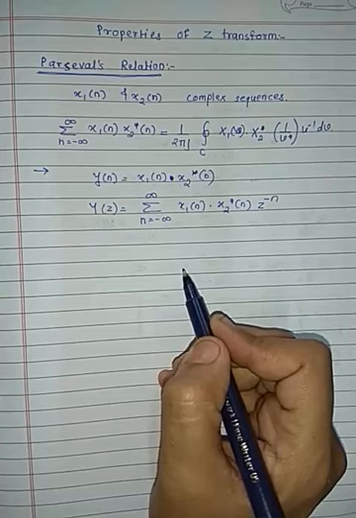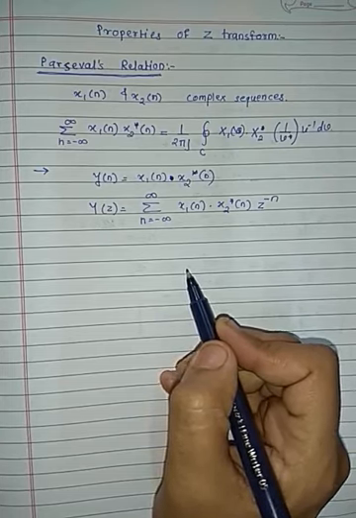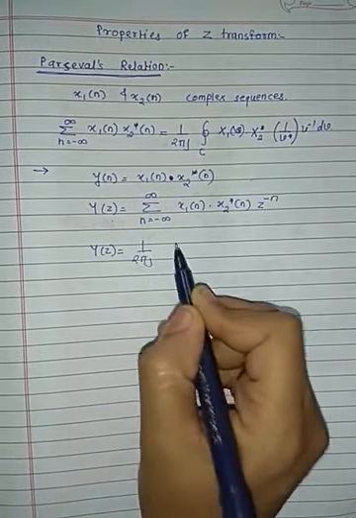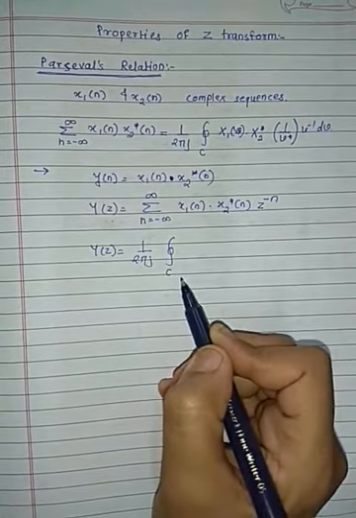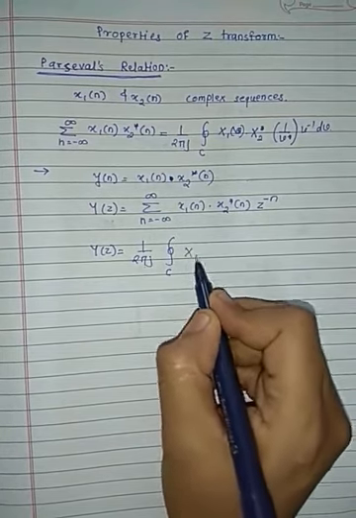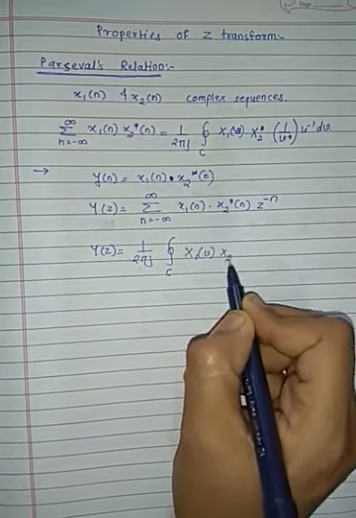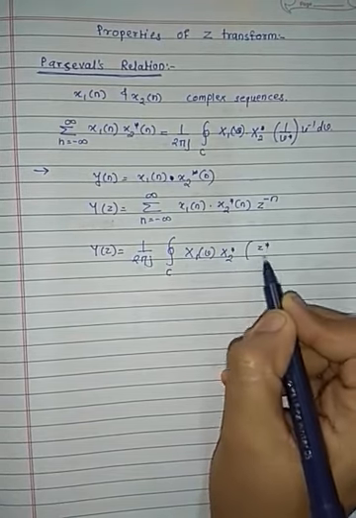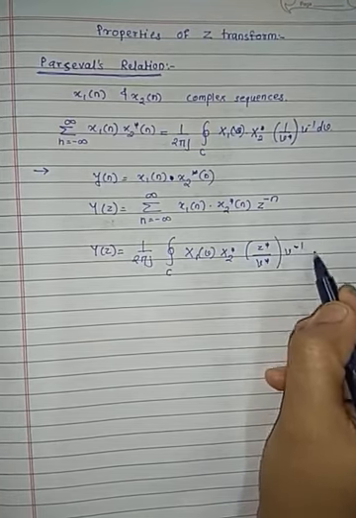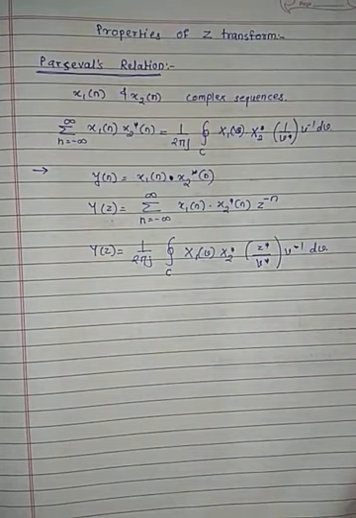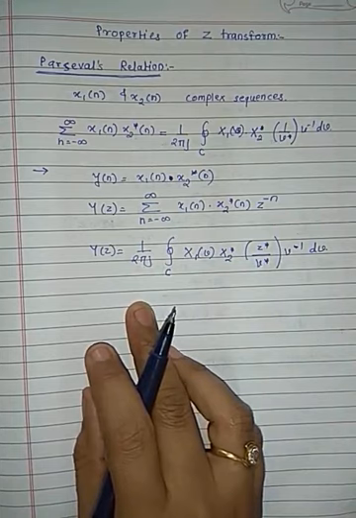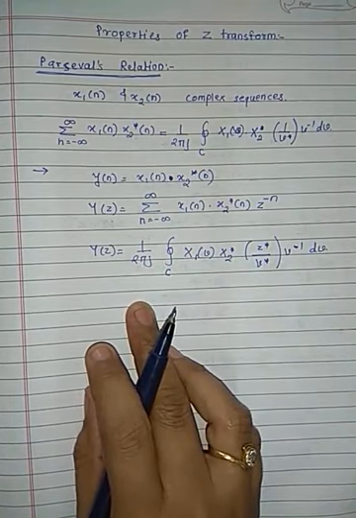Now using the complex convolution theorem, we can write the above equation as y of z is equal to 1 upon 2 pi j, the contour of integration C, x1 of v, x2 complex conjugate of z conjugate divided by v conjugate into v inverse dv. Okay, so this is according to the complex convolution theorem that we have seen in our earlier video.